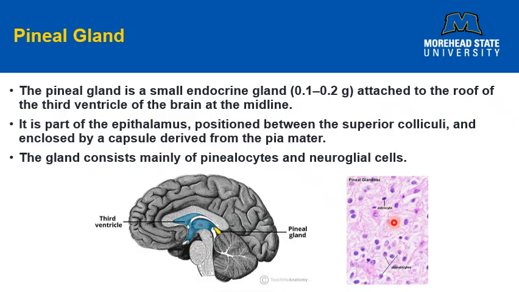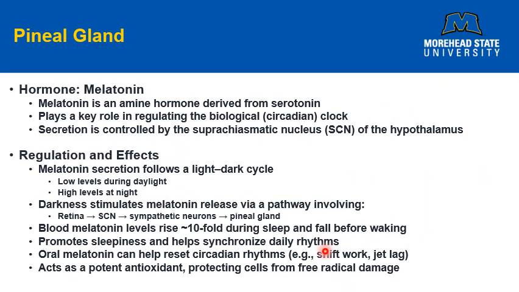Okay, we'll have occasional astrocytes there, but its main hormone is melatonin, which is probably why so many people take supplements that have melatonin in them, because it all correlates with sleep. Okay, and it definitely does a lot more than that. It actually correlates with our circadian rhythm. All right, so this is an amine hormone, and it's derived from serotonin.